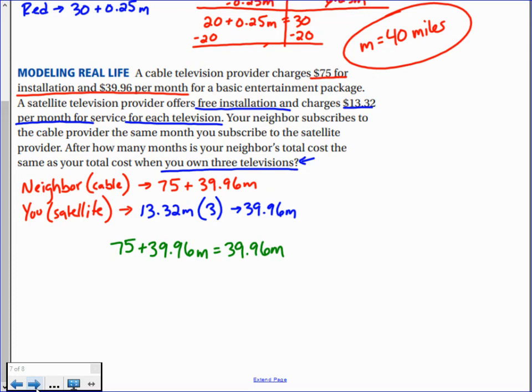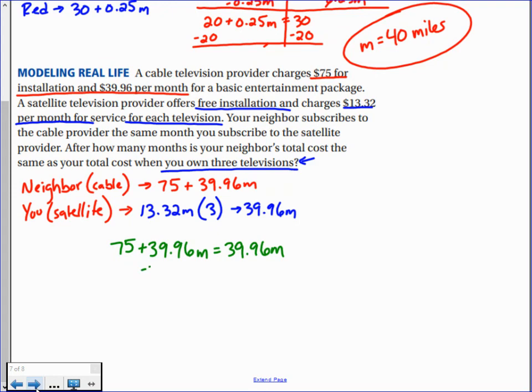All right, I'm not even going to solve this yet and just talk about just looking at this and realizing that something is weird. How can 75 plus 39.96 M be equal to 39.96 M? That just mathematically does not make sense. Something's not adding up here. So let's see how we would answer this question.